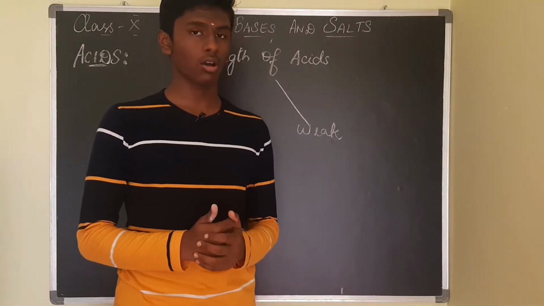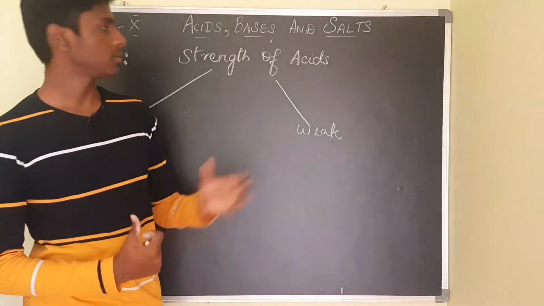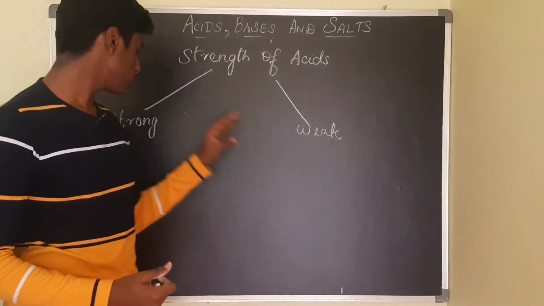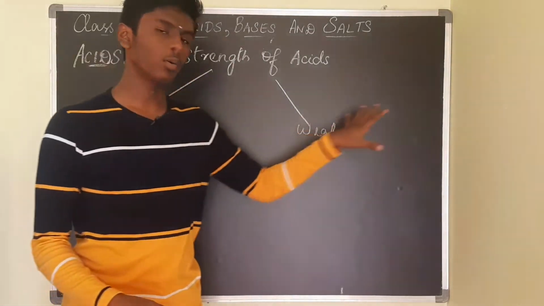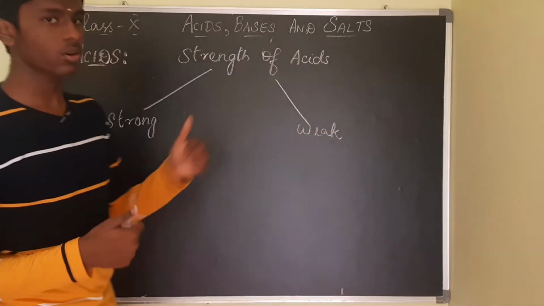So now we are going to talk about the strength of acids. The strength of acids is based on strong acids or weak acids. Now let's talk about strong acids.